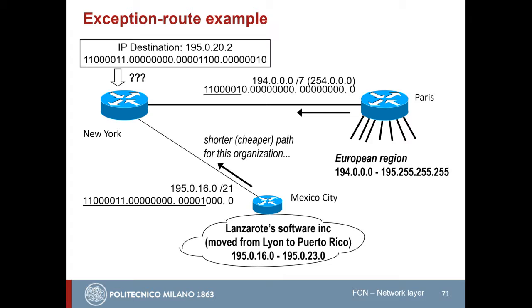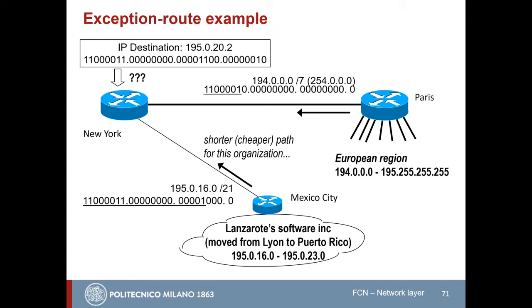Another example is when a company is a customer of a specific service provider, and then the company decides to change the service provider. Okay. So in principle, the company should take the new block of addresses from the new service provider, but this means that it has to reconfigure all the machines.